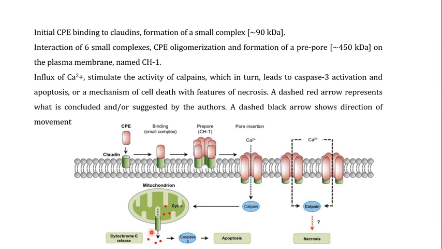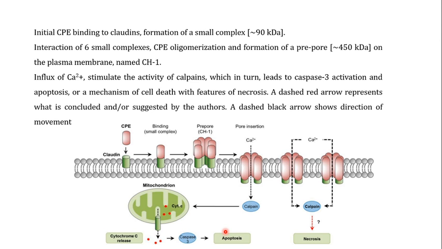The cytochrome C released into the cytoplasm is going to activate the caspases, the special class of proteins responsible for apoptosis. So when the calcium moves inside the cell, it activates the calpain, and the calpain releases the cytochrome C into the cytoplasm. That release of cytochrome C causes the activation of caspase 3, which actually leads to apoptosis, or cell death.